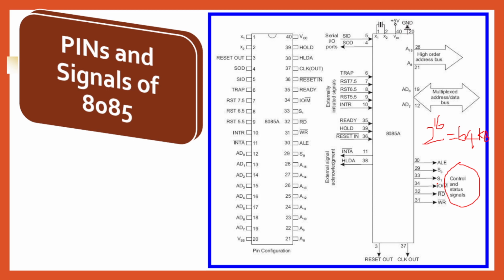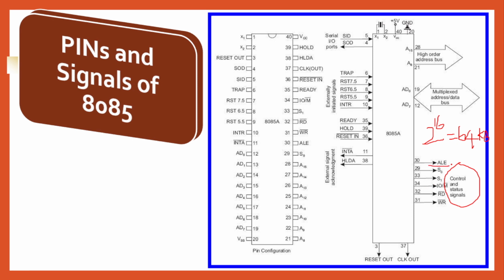Currently, what is the microprocessor doing? It repeatedly does opcode fetch, read, write, then halt. So only 4 states. Those states we can identify by reading these two signals, S0 and S1, 2 power 2, 4 combinations. By using this, we can find out what the processor is doing currently.